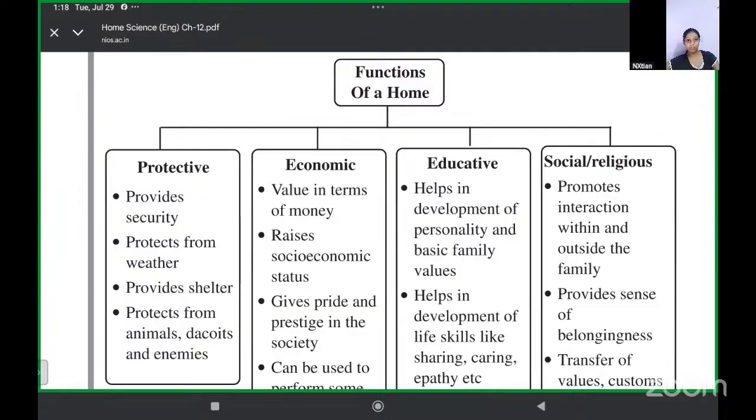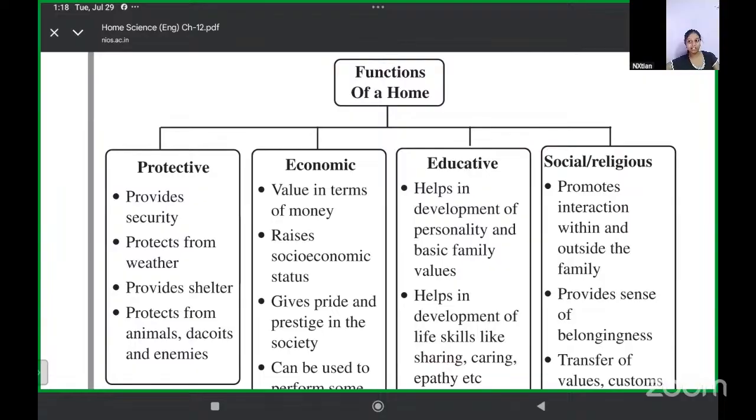Our home provides us the things that we need. It raises socioeconomic status. What is socioeconomic status? Socioeconomic status means your level or class in the society: lower class, middle class, and upper class.